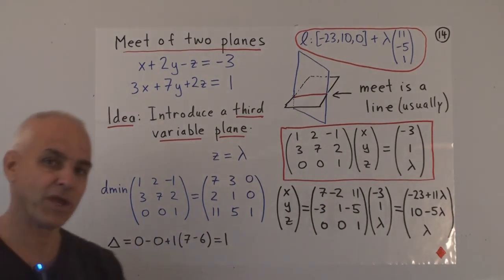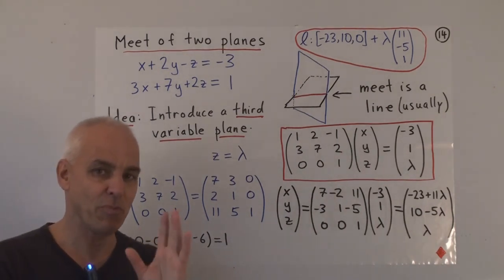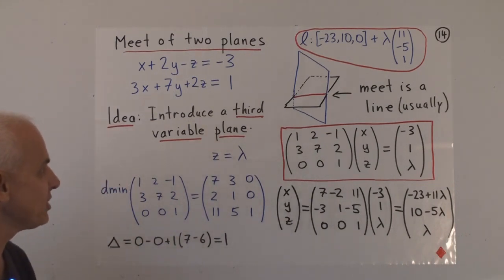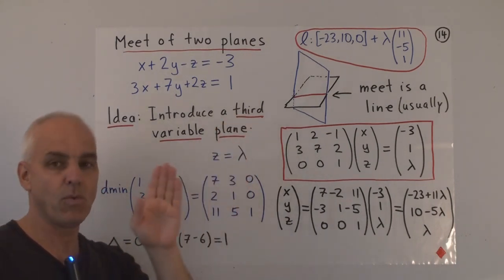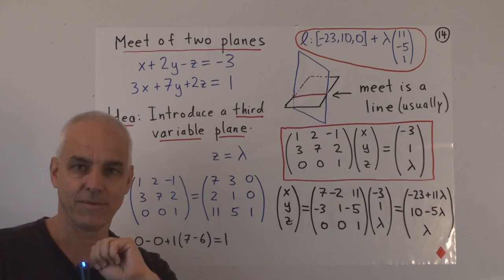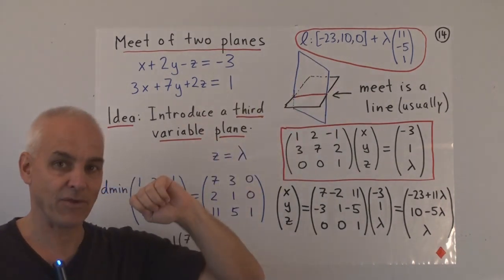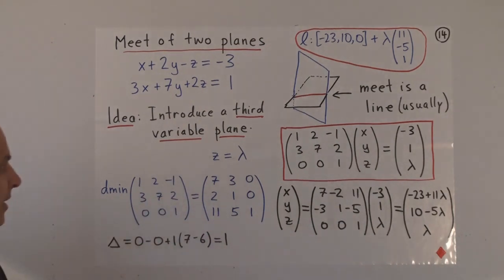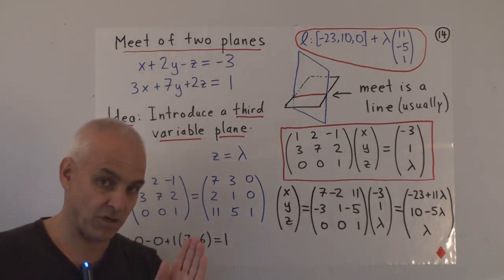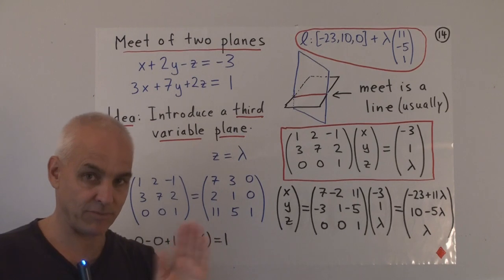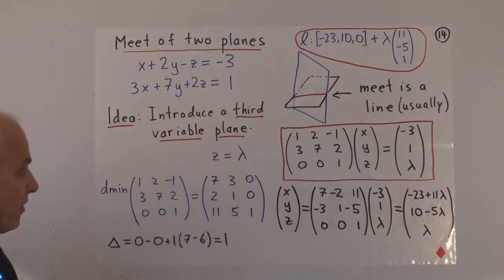So we're going to do a little bit of a trick here. We're going to kill 2 birds with 1 stone by introducing a third plane which has a variable in it. And that variable is going to allow us to find 2 different values at once. And the third plane that we're going to introduce is going to be of the simplest possible kind because we don't want to make life harder for ourselves.